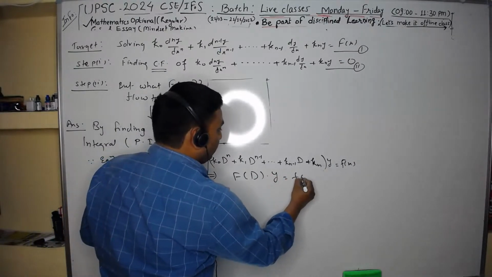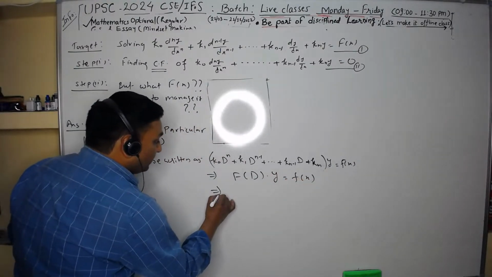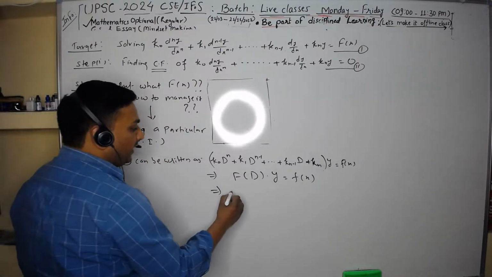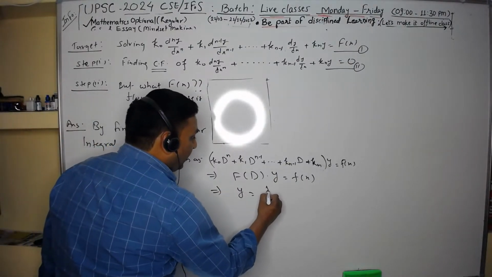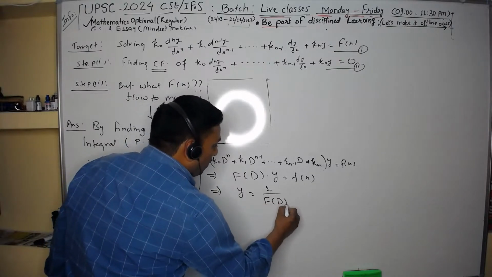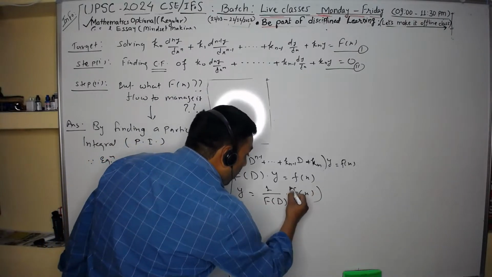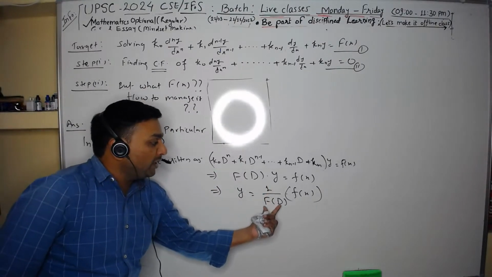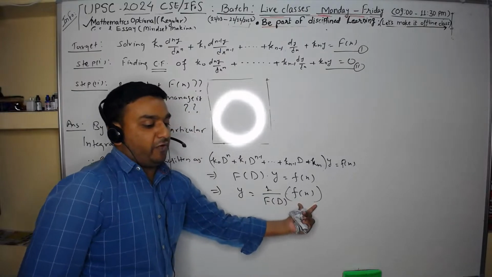So this can be written as f of D y equals f of x. Since differentiation is just the reverse process of integration, y can be written as 1 upon f of D of f of x. Please read it out, Sudhakaran. 1 upon f of D of f of x.